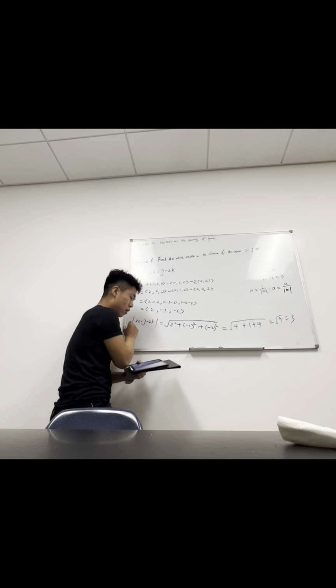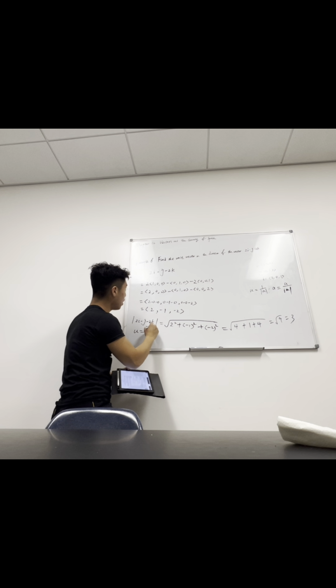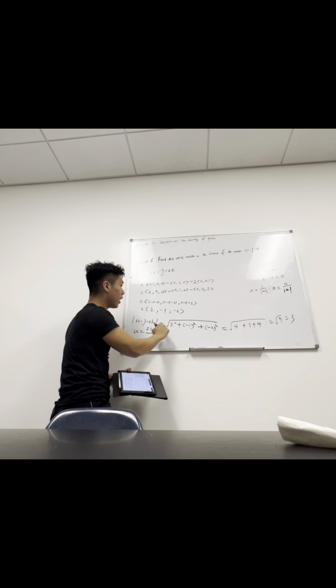So u equals what? A, which is this vector, 2i minus j minus 2k, over the length of that vector. We just calculated it, which is 3.